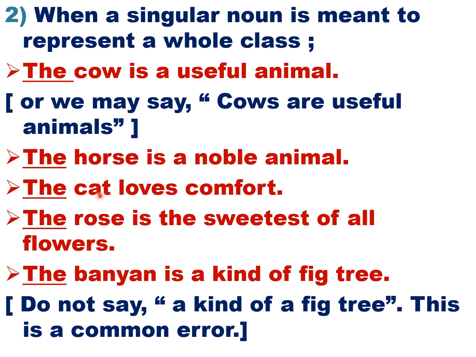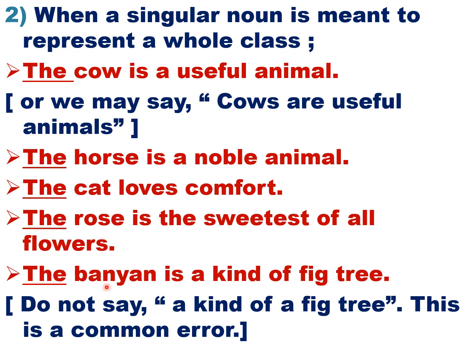The cat loves comfort. Cat refers to a singular noun, but the cat represents a whole class. The rose is the sweetest of all flowers. Rose is a singular noun. The rose represents the whole class.